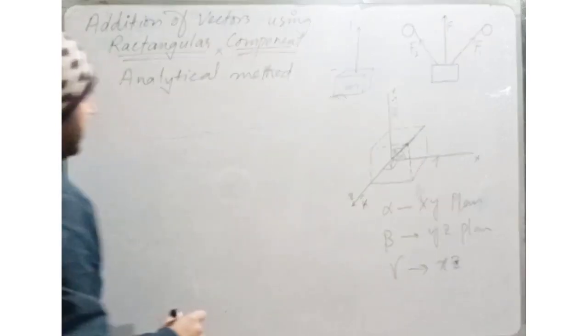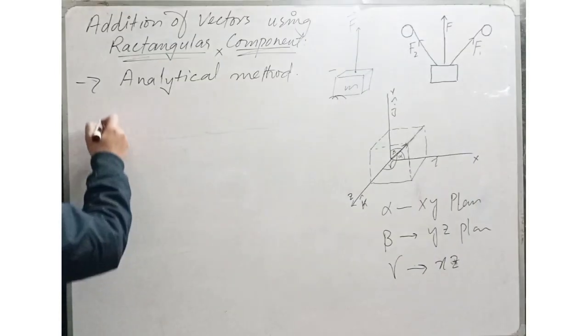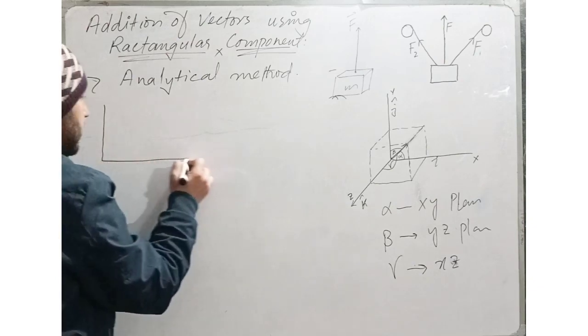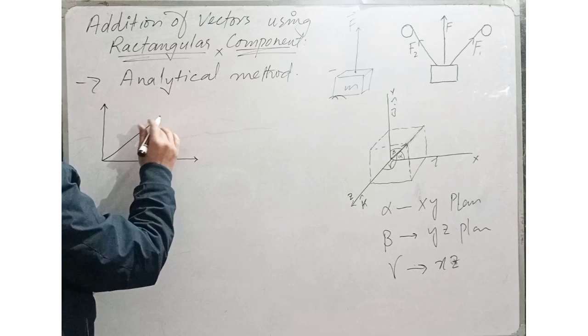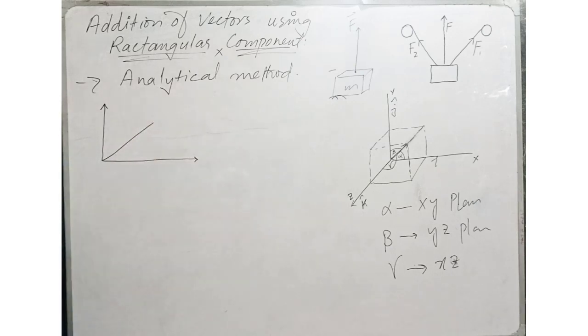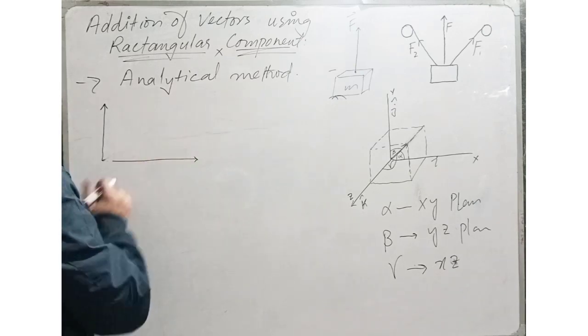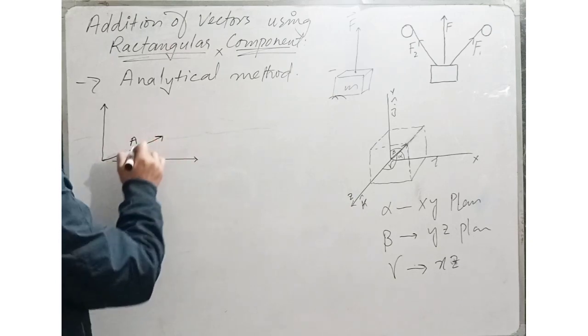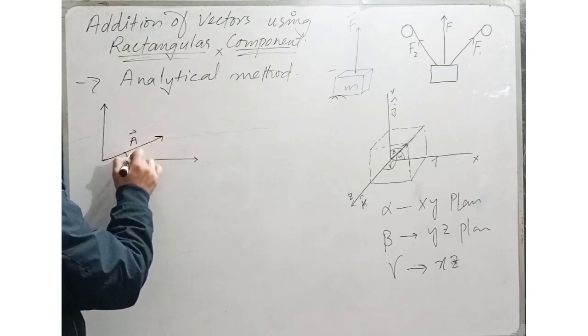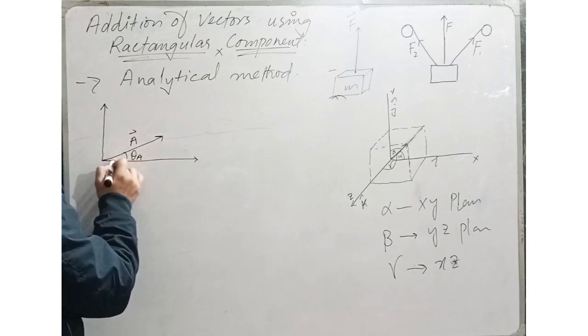Okay, now in order to add 2 vectors, let us draw those vectors separately first. So let's say this is the first vector, and we call this vector as A, right? Making an angle theta A with the x-axis.